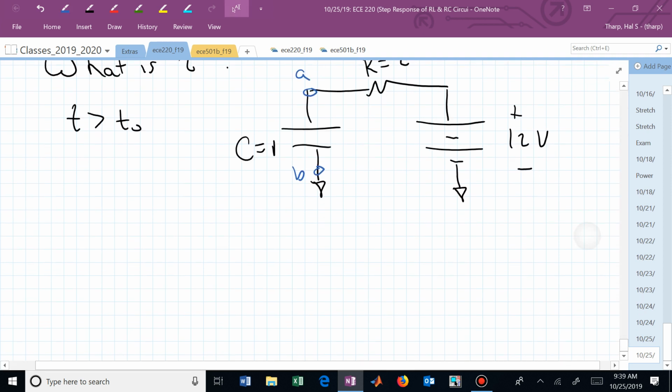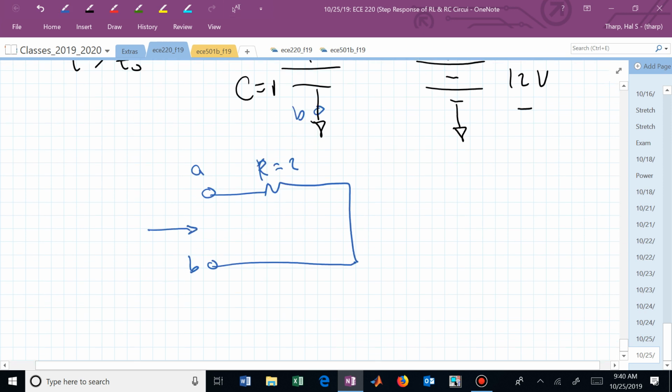You look back and you set the sources equal to 0. You now are saying, what does that capacitor see? You zero that source. Here's R equal to 2. You now know what R is. R is 2.